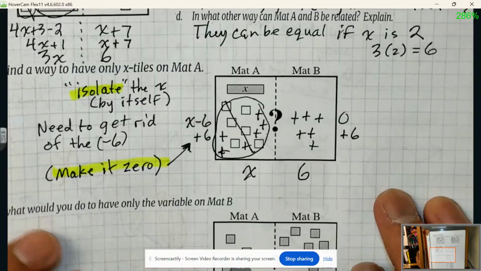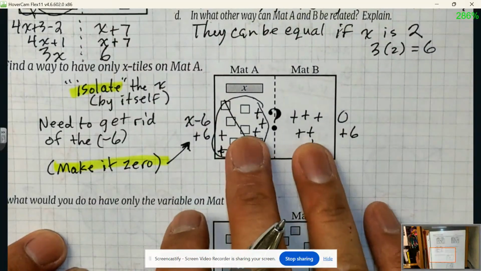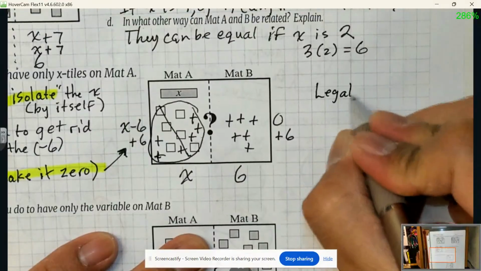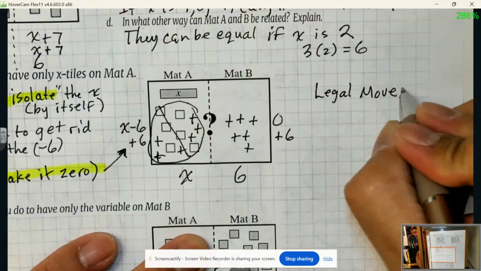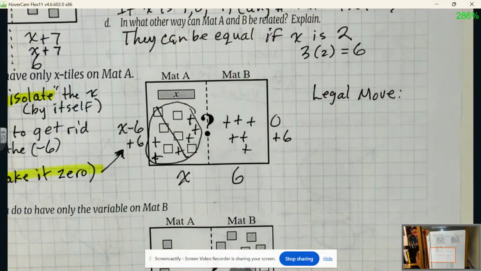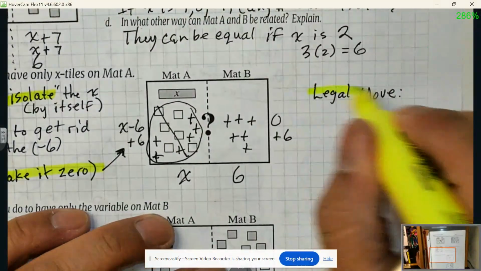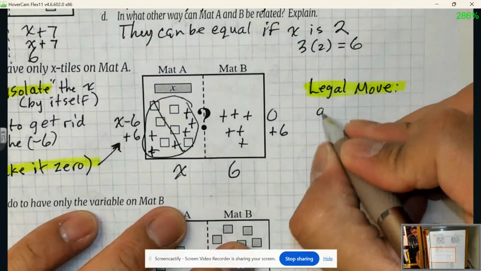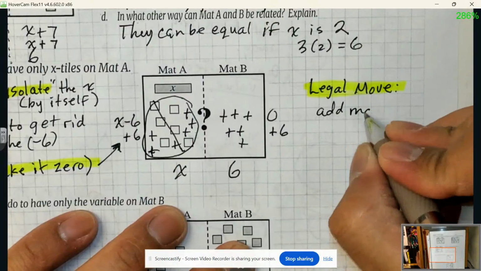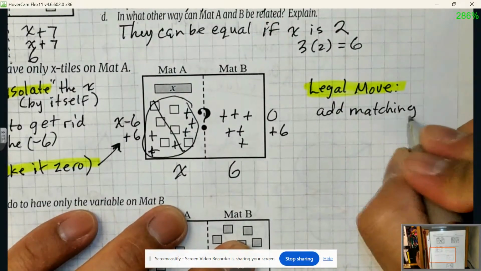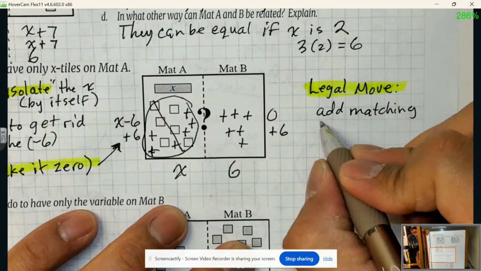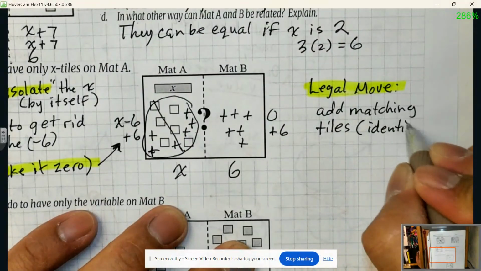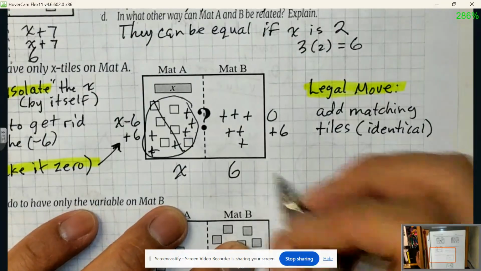So this being something that restored the balance makes this another legal move. Okay, and that legal move was we added matching tiles. In other words, identical tiles to both sides.